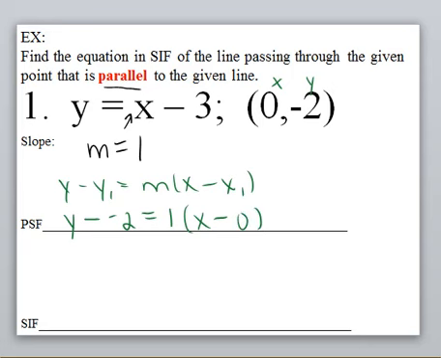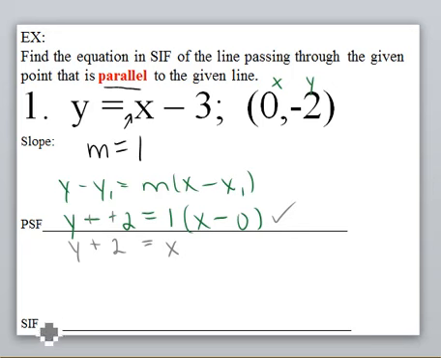Now, we really should simplify this a bit, so this would be y plus 2 equals, we wouldn't have to write the 1 at all. We'd have just a plain old x, because x minus 0 is x, and 1 times that would be x. This is technically point-slope form, except for the sign change here. I would actually want to make those positive.